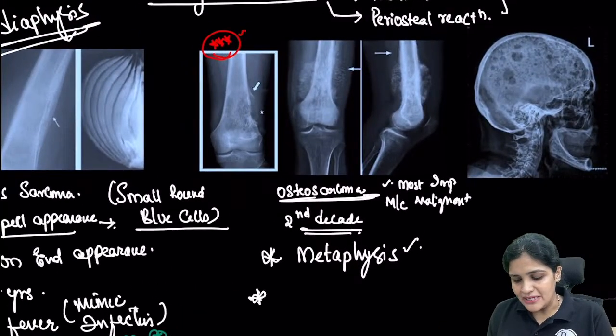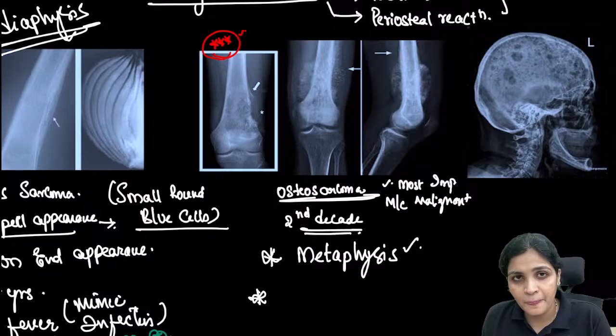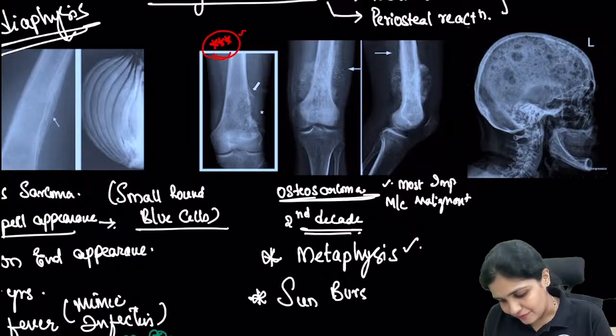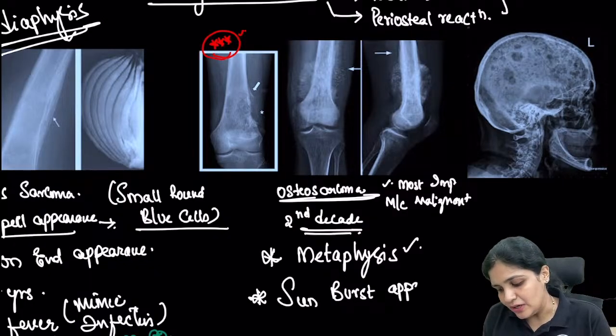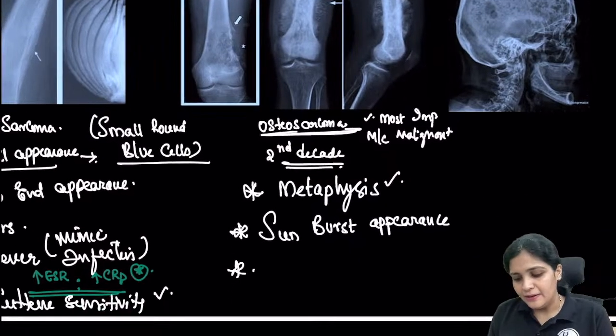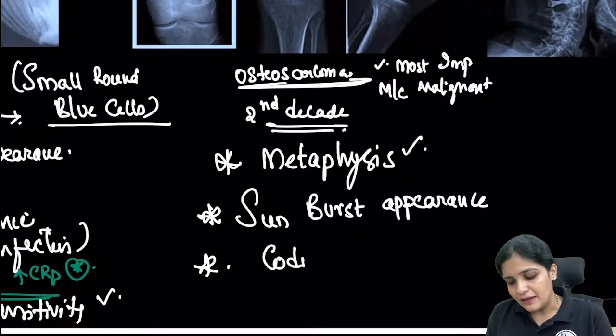And what are the periosteal signs for osteosarcoma? Very important, related to the sun: the sunburst appearance. And the one more, a triangle: the Codman's triangle.